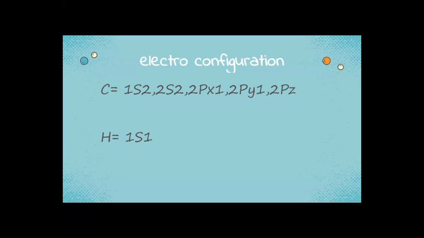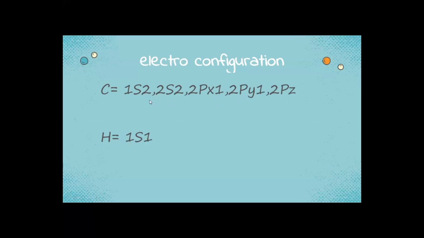First I'll move to the electron configuration of carbon and hydrogen. As the formula of acetylene is C2H2, we must do the electron configuration before moving on to the hybridization. This is the electron configuration of carbon in the ground state.